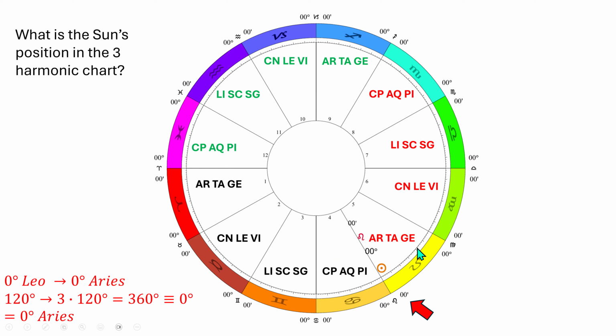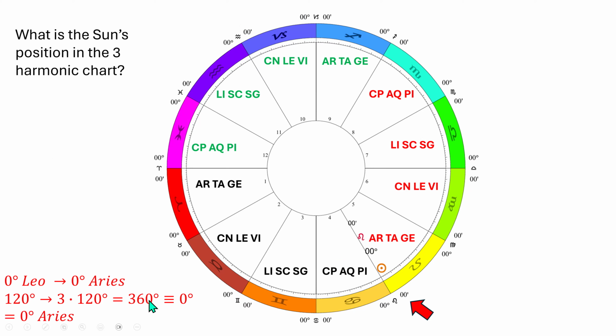Leo gets divided into 3 equal parts corresponding to Aries, Taurus, and Gemini in 3 harmonic. So 0 degrees Leo will be 0 degrees Aries in the 3 harmonic chart. And notice that if you multiply this 120 degree distance by 3, you get 360 degrees.